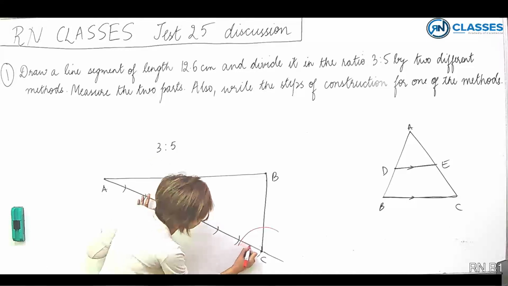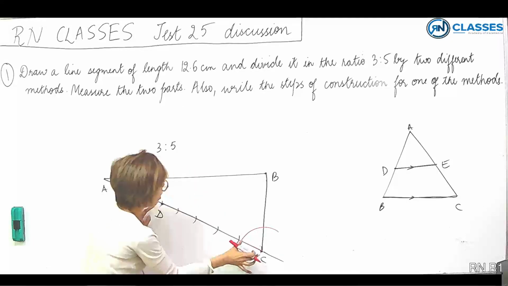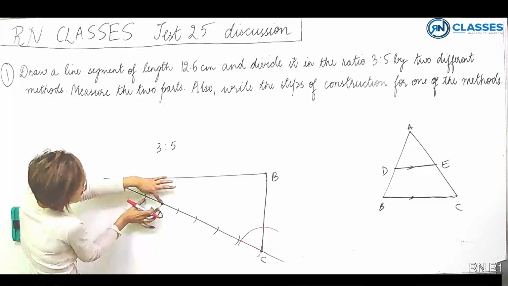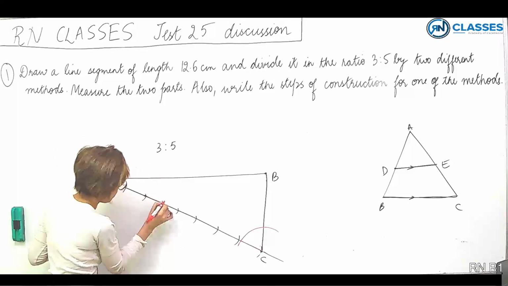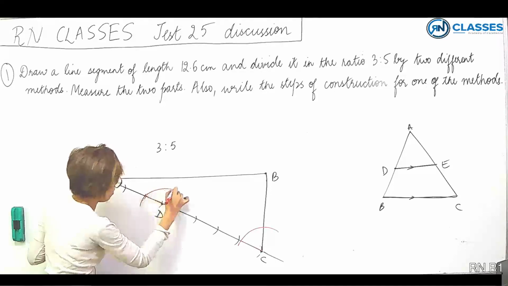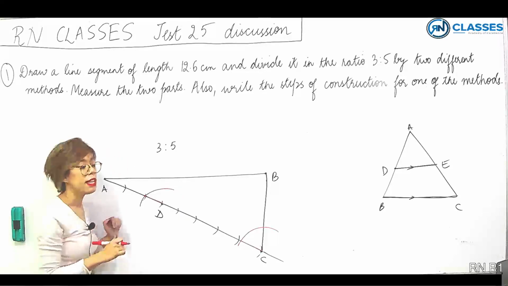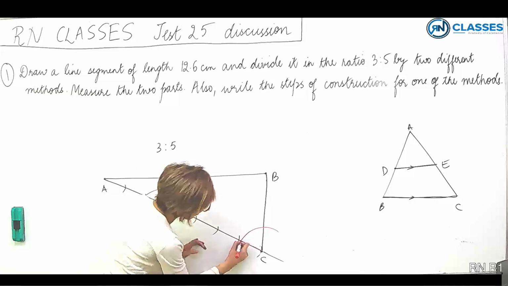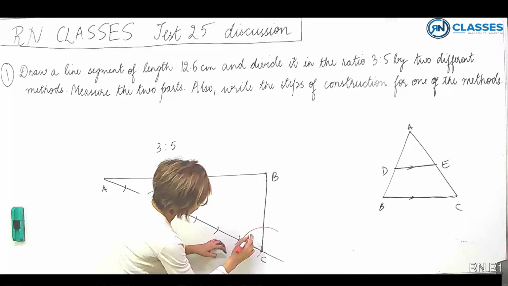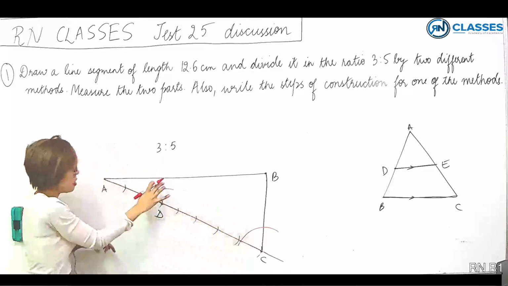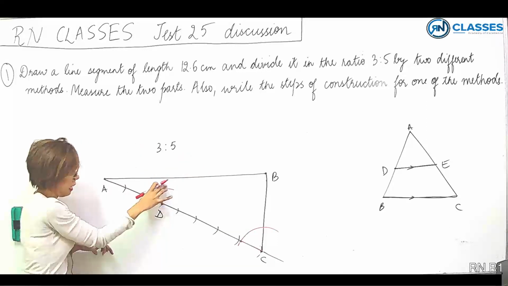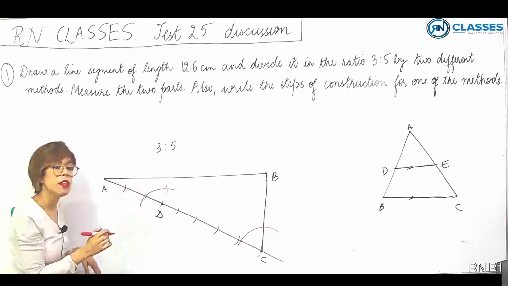Then I'll put my pointed end here and mark it here. Now I'll keep the pointed end here and measure this distance, and cut an arc.